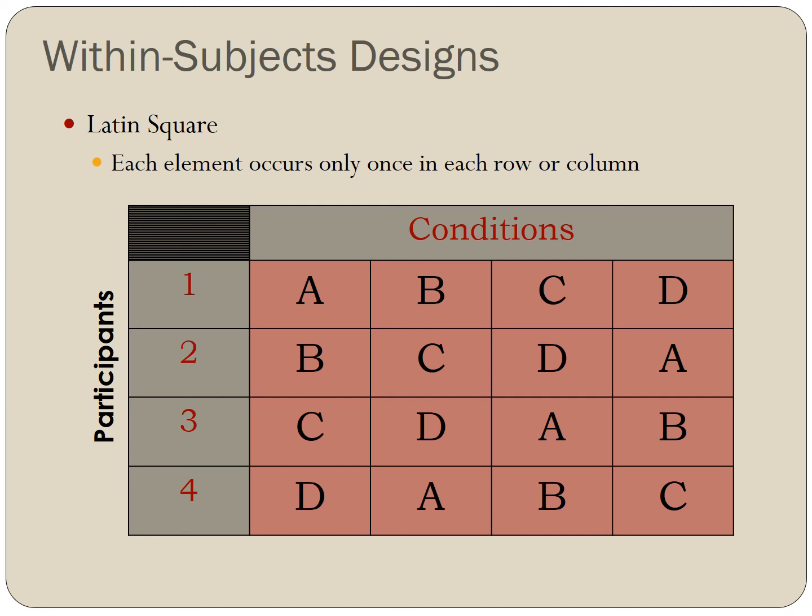So if there is something special about being first or being last, not all the participants are being tested in the same order. So this should cancel out, you hope, any carryover effects that might happen with these conditions.